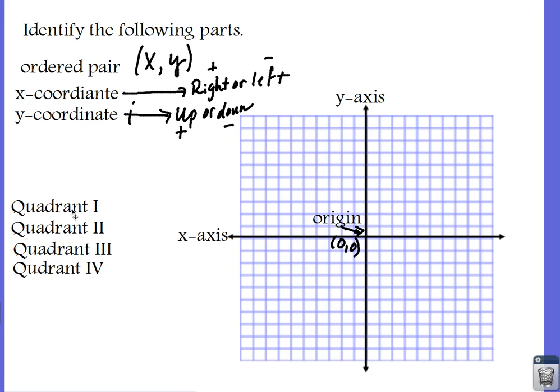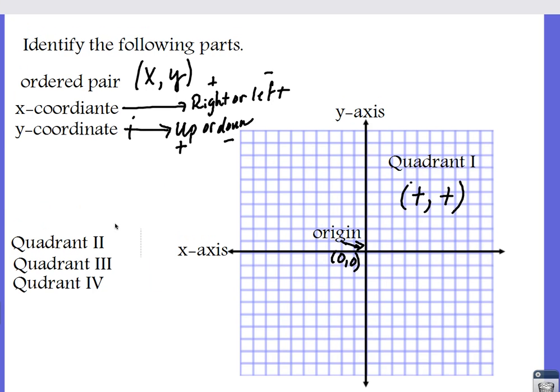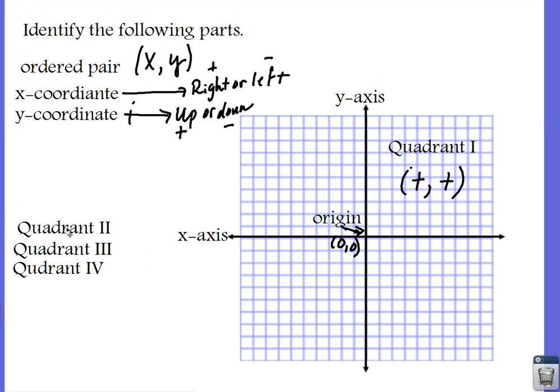Quadrant 1 consists of all of the ordered pairs in the upper right corner. Both the x-coordinate and the y-coordinate are going to be positive. Quadrant 2, then, they go counterclockwise. So quadrant 2 is going to consist of the numbers that are negative and positive.